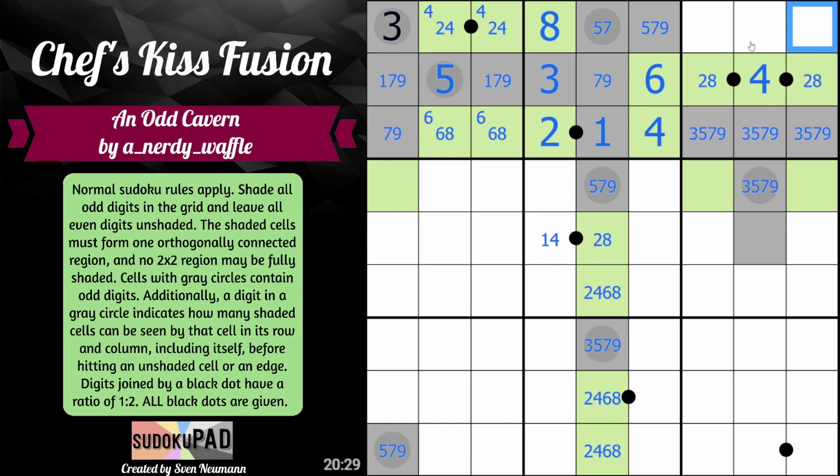But actually, what does that do for us? If the green went here, we would have 1, 2, 3, 4, 5, 6 grays, which is not possible, which means this is definitely an odd digit. Which odd digit? I don't know. Maybe it's the one that I was talking about is eliminated from one of these two squares. But again, we don't know for sure. What I can place is 1, 5, 7, or 9.